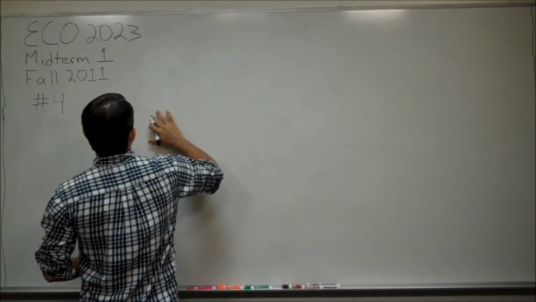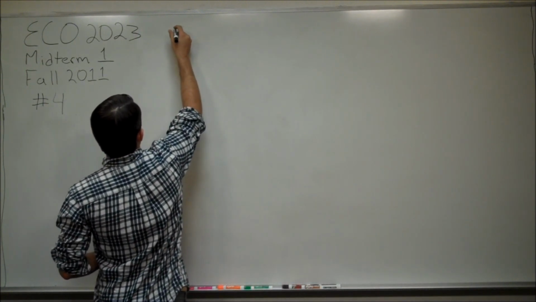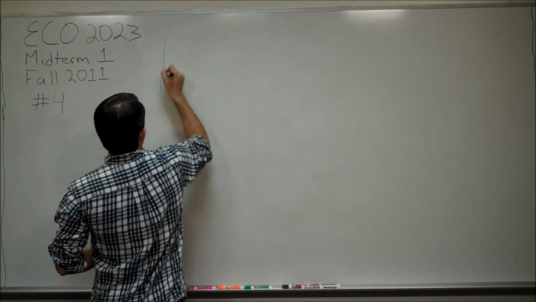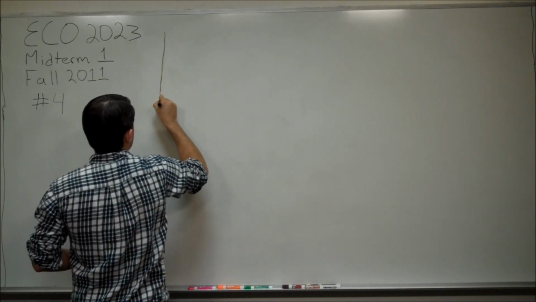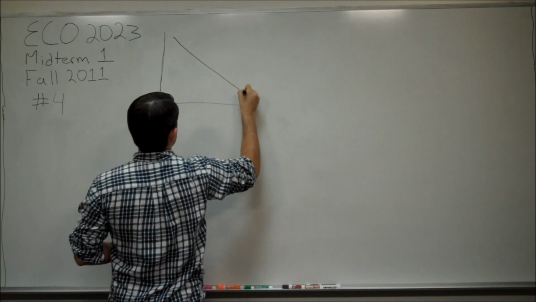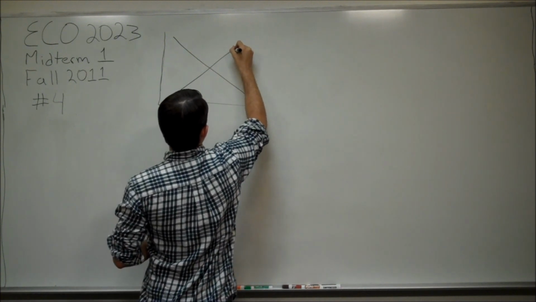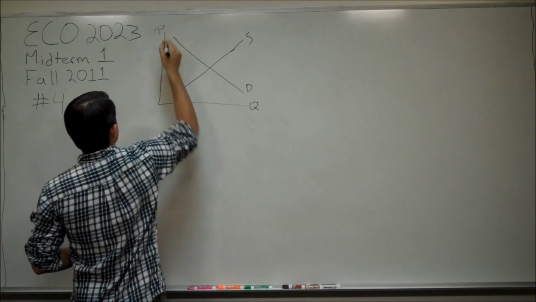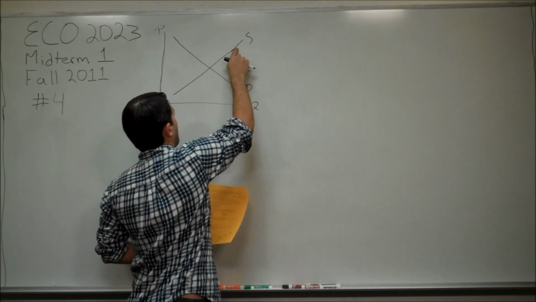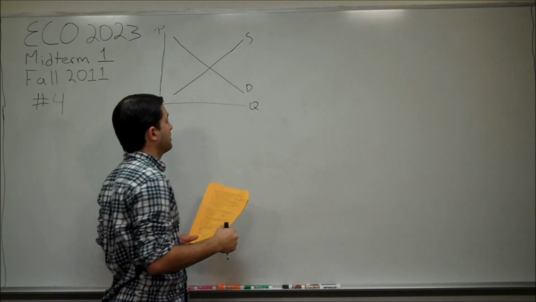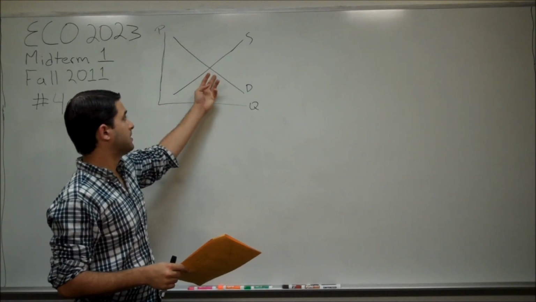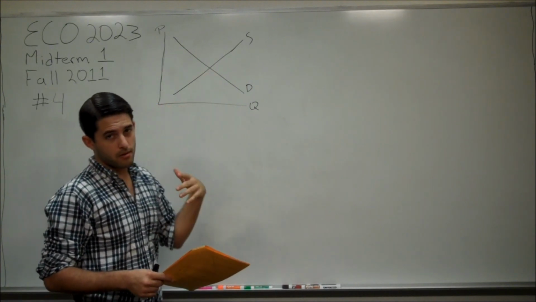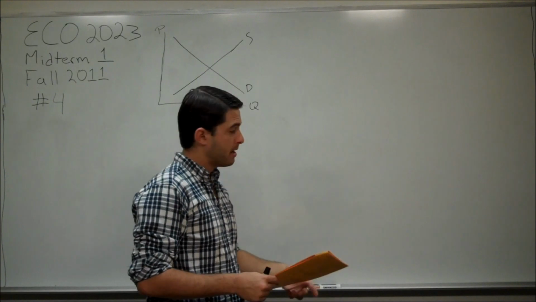So if we imagine that our original supply and demand curve looks something like this, all we have to do is pretty much shift the respective curves, see where it ends up, and we can measure the effect on the price and the quantity.